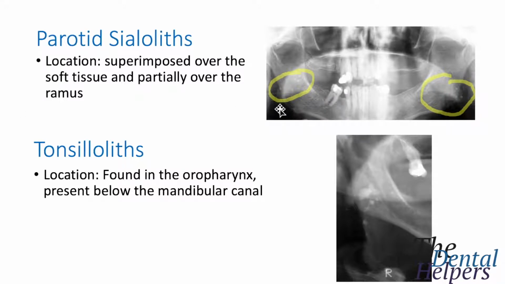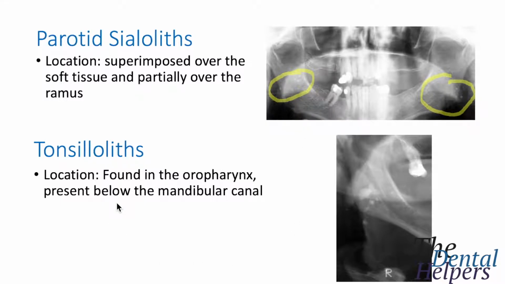A parotid sialolith is going to be basically over the soft tissue and partially over the ramus, which means that if you see something above the mandibular canal or on the ramus back here, it's going to be a parotid sialolith. Another way to think about this, our parotid gland sits right around here, right on that ramus. So if you see something right in the location where the parotid is, it's probably a parotid sialolith.